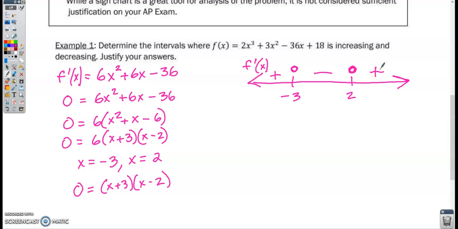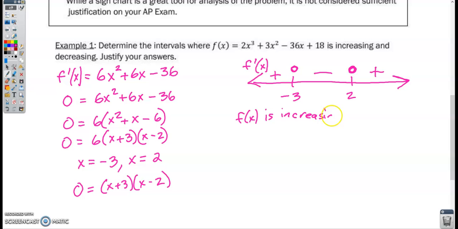All right, last thing I need to do is identify where the function's increasing or decreasing and justify my answer by making a statement connecting the intervals to the sign of the derivative. So I'm going to say f of x is increasing.